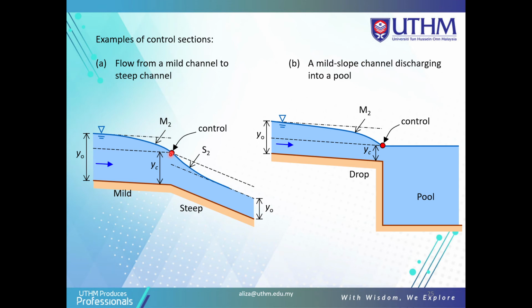At this part here is a control section. From the Y naught, the normal depth we find from this flow, and then at the control section we get the critical depth, and then we get the normal depth.